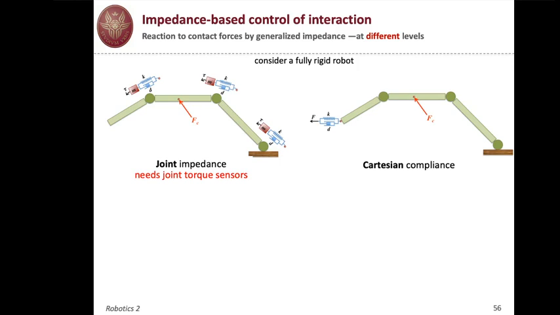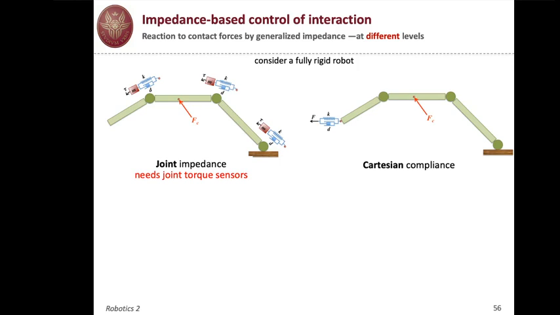Now, in order to replace the actual inertia and mass of the link with this model, we know that we need to measure the contact force or the force at the joint. Now, this force at the joint comes from the presence of a contact force, but in order to measure the resulting torque at the joint, we need a joint torque sensor.